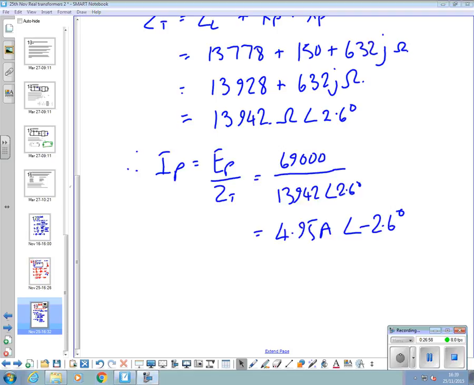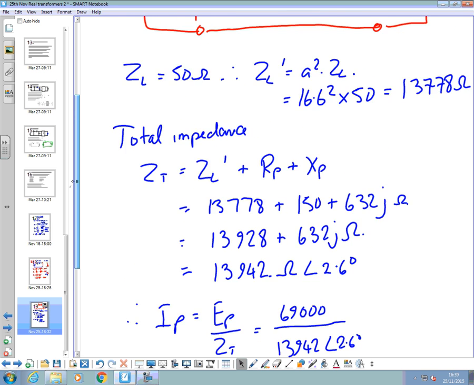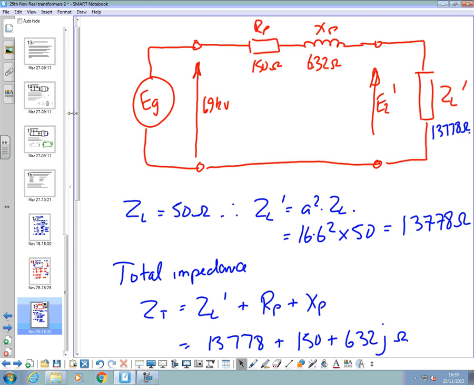All agree with that? Primary current is the primary voltage over the total impedance. Comes out at 4.95 amps, angle minus 2.6 degrees. Everyone agree? Now, overall, what we want to know is how much power is this generator supplying to the total circuit. Because overall we're trying to find the efficiency, and we need the power in and the power out to do that.